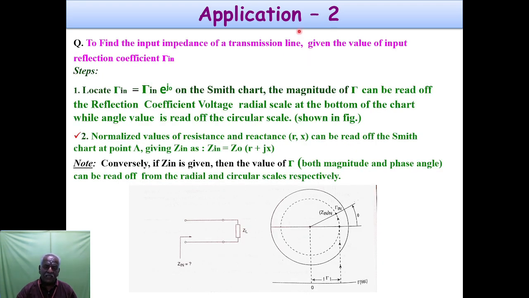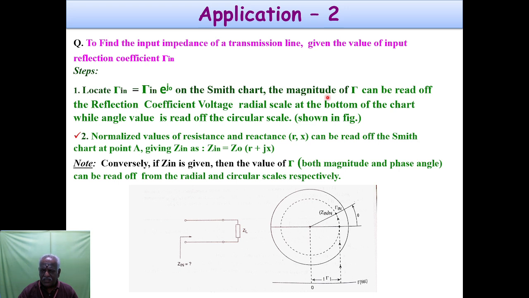Another application is, again, we are going to find the input impedance. Here the input reflection coefficient is given. Instead of giving the load value, we are given the value of the input reflection coefficient. The reflection coefficient is a complex quantity having both a real part and an imaginary part, that is the phase. The phase value is pi and the magnitude part is gamma in.